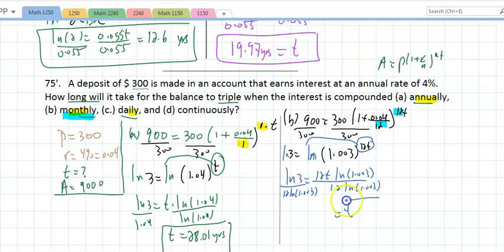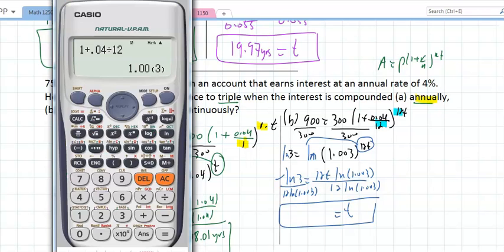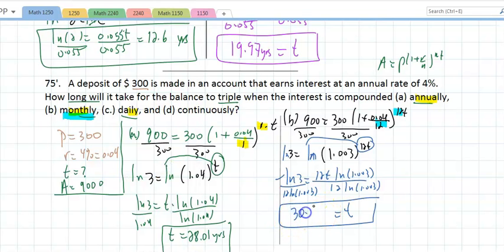I'll get t to equal, and now it's a matter of plugging this in your calculator. In my calculator, if I take ln of 3 divided by parentheses 12 times natural log of 1.003, 30.56 years. 30.56 years. Let me just check really quick.